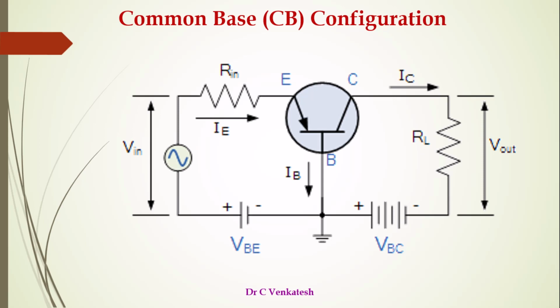The base terminal is grounded or can be connected to some fixed reference voltage point. The input current flowing into the emitter is quite large, as it's the sum of both the base current and the collector current. This type of amplifier configuration is a non-inverting voltage amplifier, in that the signal voltages Vin and Vout are in phase.